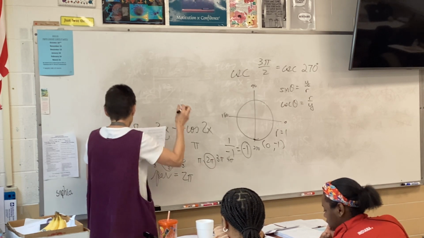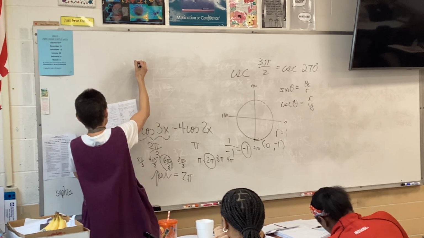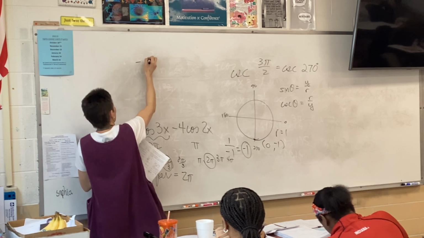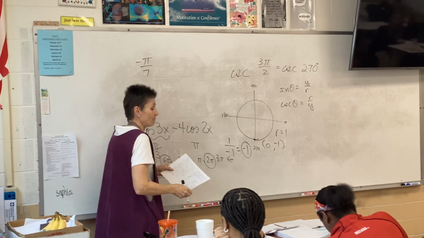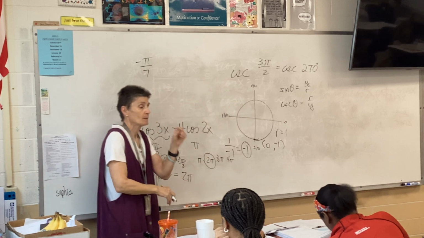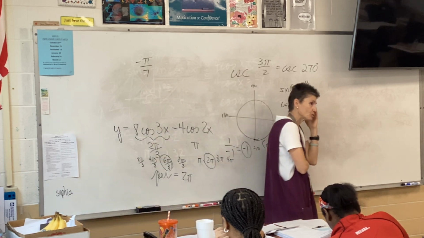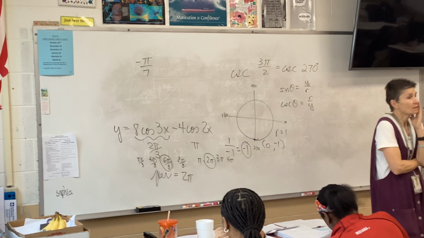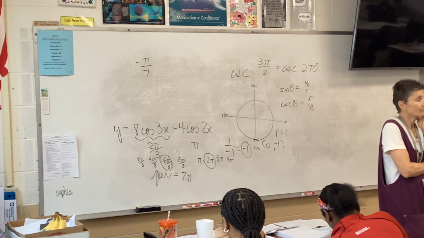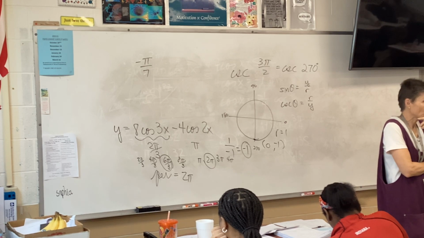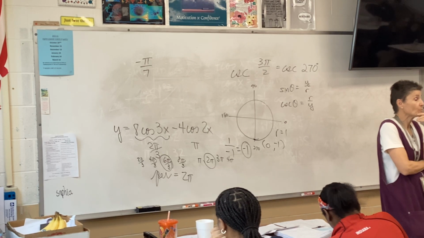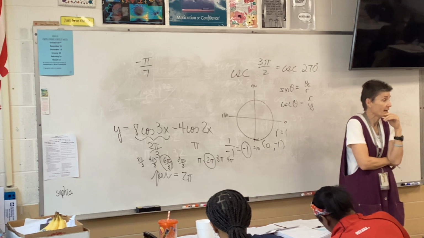All right, number 4. Find a negative coterminal angle for negative pi over 7. Now, how do we find coterminal angles? Add or subtract revolutions. And if I'm in radians, that's 2 pi. That is right.